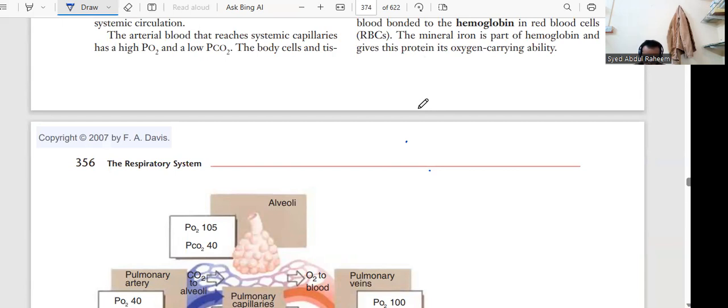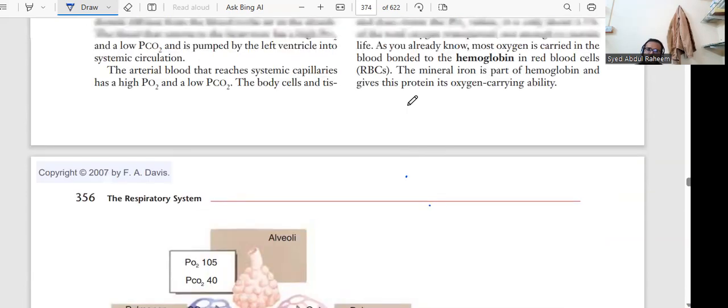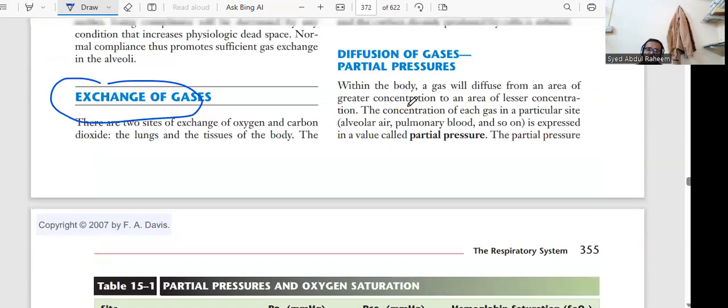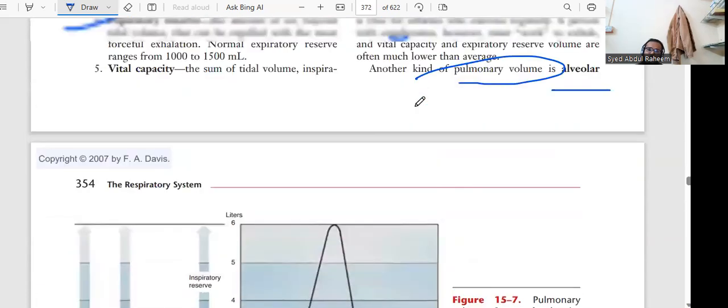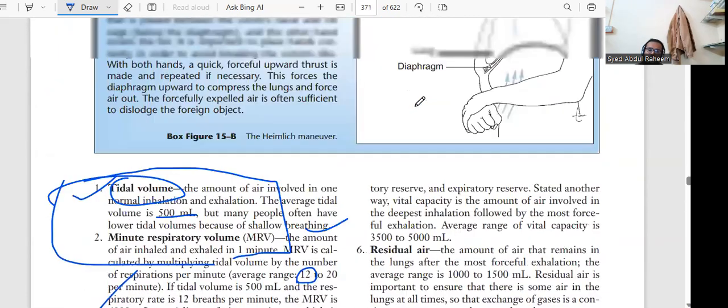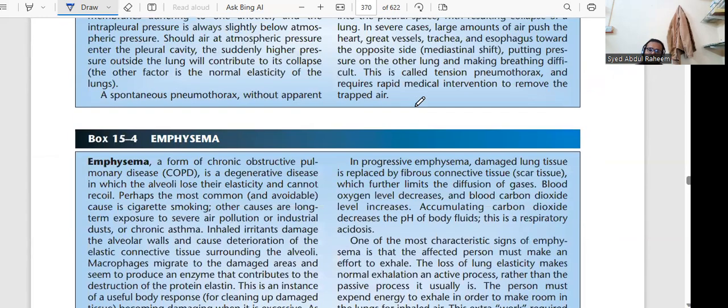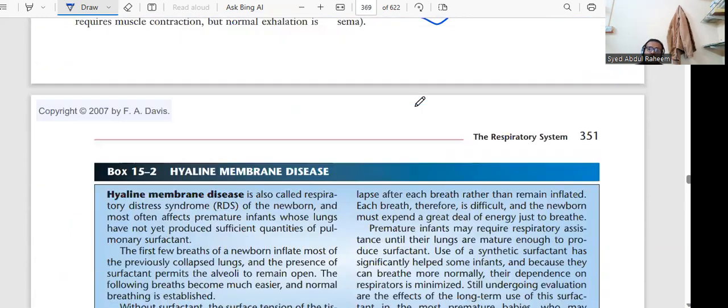Sir, in the pleural membrane you said the pressure is decreased compared to the atmospheric pressure. You are asking about that, because I said the pleural pressure will be less than the atmospheric pressure.